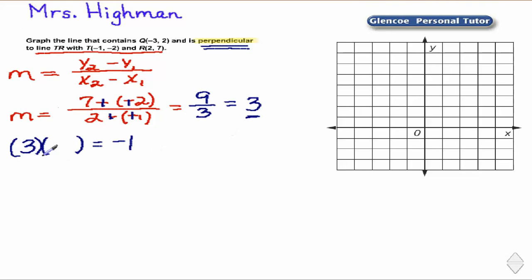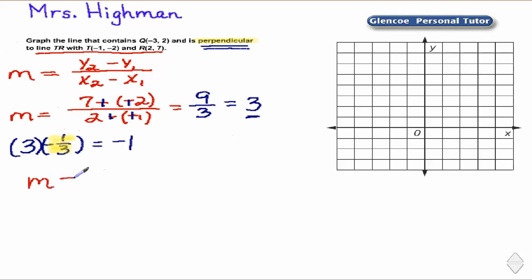Because the product of the slopes of two perpendicular lines has to be -1. So we know it has to be negative, because a positive times a negative will give us a negative. And if we multiply 3 times its reciprocal, which is 1/3, that gives us 1. So that means that the slope of the perpendicular line we want is going to be -1/3.